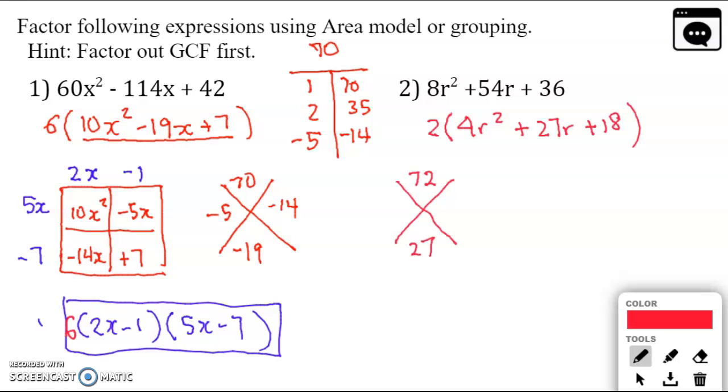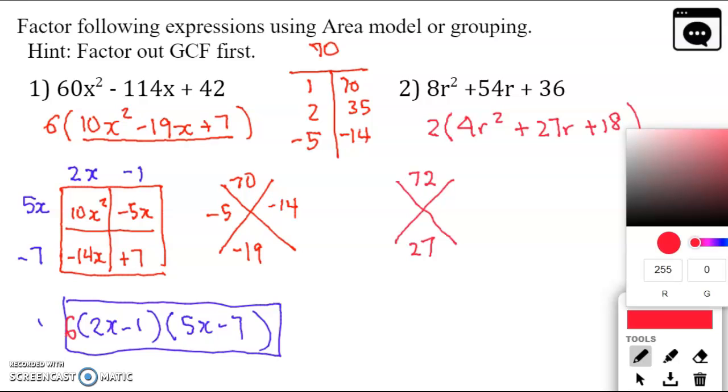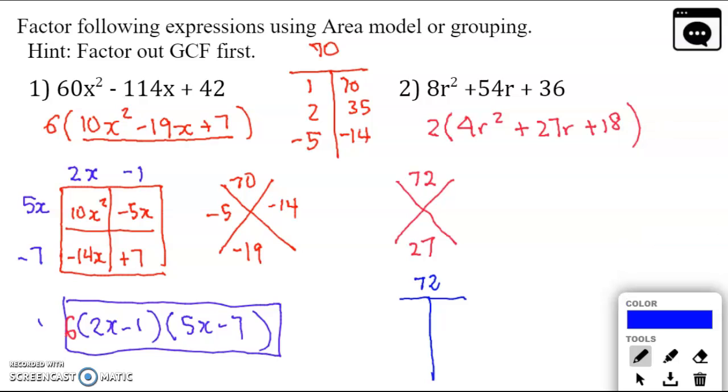So to solve my diamond, I need to look for factors of 72 that will give me the sum of 27. Okay, so what are the factors? 1 times 72 is not going to work. 2 times 36 is not going to work.